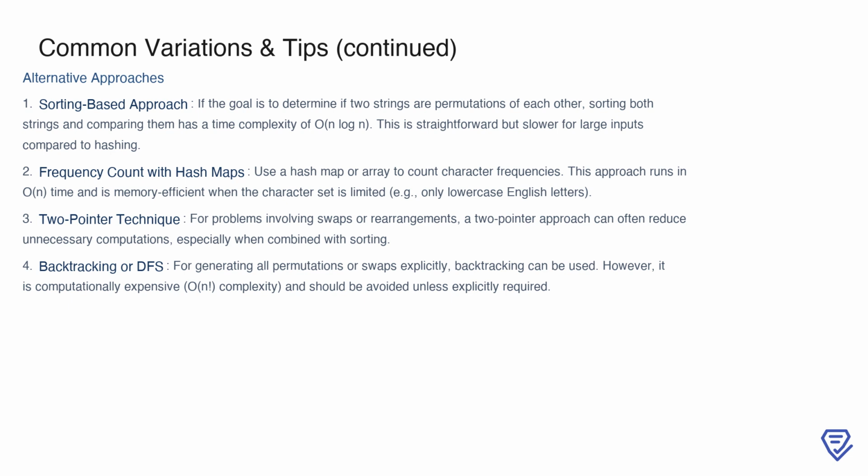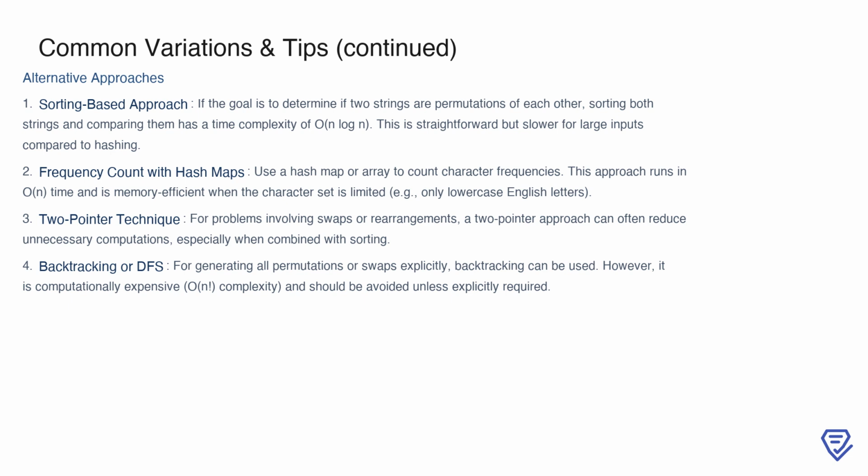This approach runs in O(n) time and is particularly space efficient when the character set is limited, such as lowercase English letters. Another common technique is the two-pointer method, which can streamline problems involving swaps or rearrangements by reducing unnecessary computations. When combined with sorting, it becomes even more powerful.